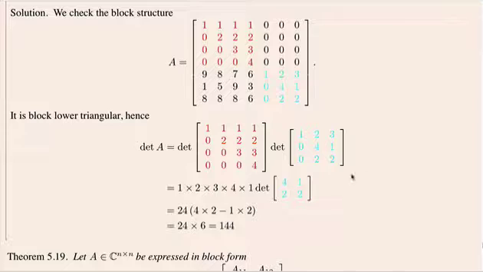And this is 4 times 2 minus 1 times 2. So we end up with 24 times 6, which is 144 as a determinant. The idea is that we don't have to calculate much because we observe some shortcuts here.